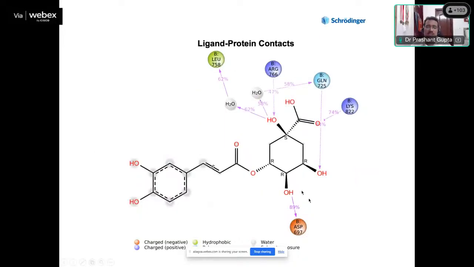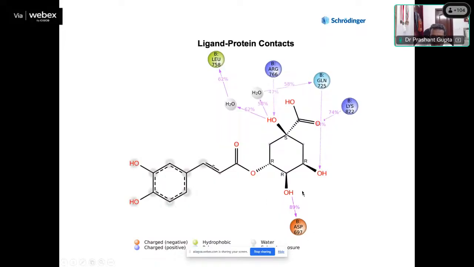You can see this is your key and this is the protein. You can see that OH is making a bond with GLN, and if we are doing the dynamics for 10 nanoseconds, 62% time this bond was visible, which means 6.2 nanoseconds, and they are interacting.